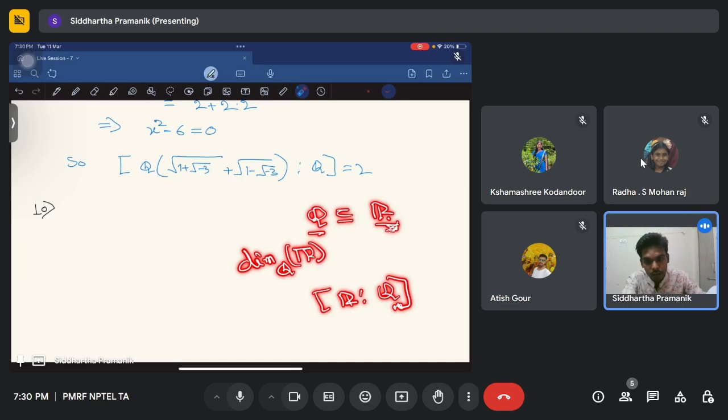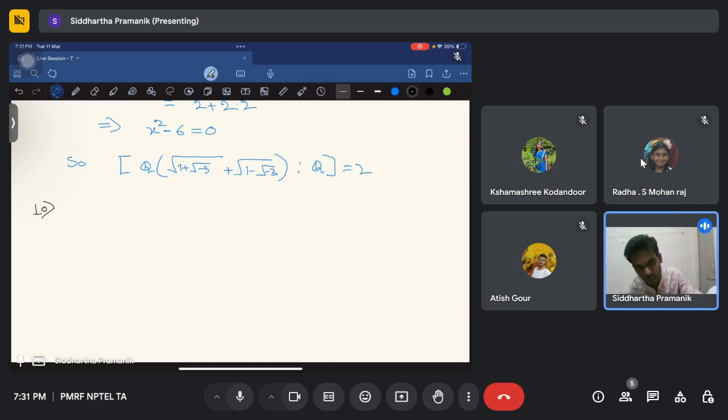Okay. So actually it is an infinite dimensional vector space over Q. So you can prove it by the fact that Q is countable but R is uncountable. So using that fact you can prove this. But here we will do it by some other method. Okay, so let's do this.